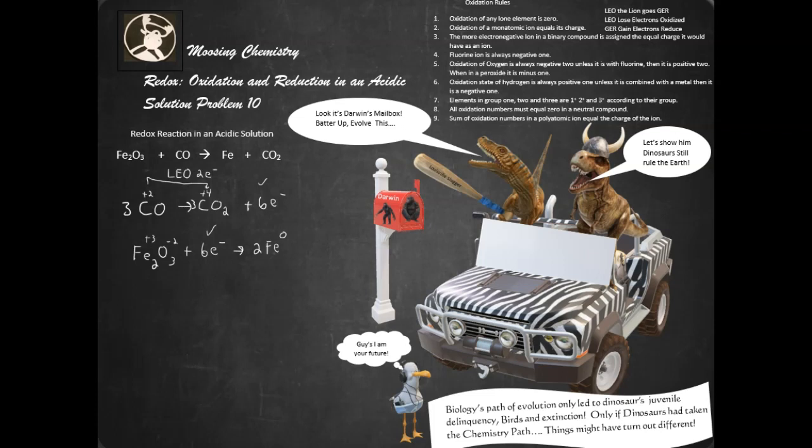So we go 3 H2O plus 3 CO yields 3 CO2 plus 6 electrons, right?